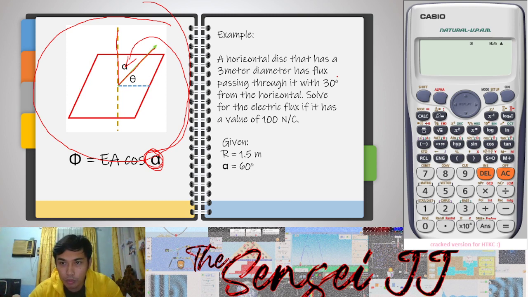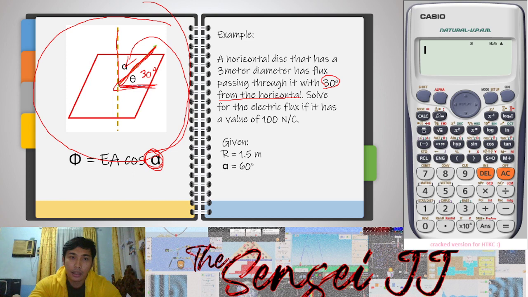As you can see, we have here 30 degrees from the horizontal. Meaning, this is our 30 degrees. It is between the horizontal and our electrical field line. That's why it is 30 degrees from the horizontal.